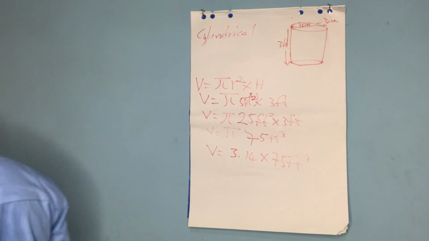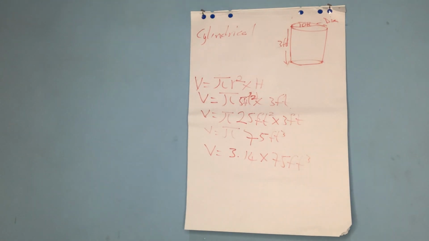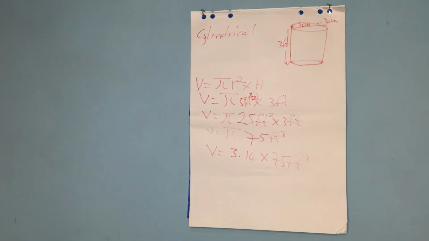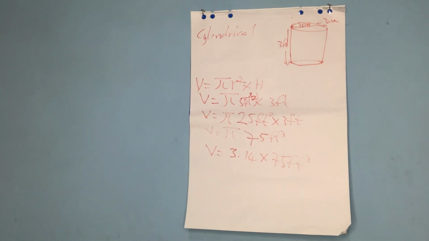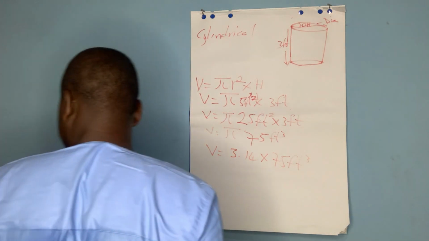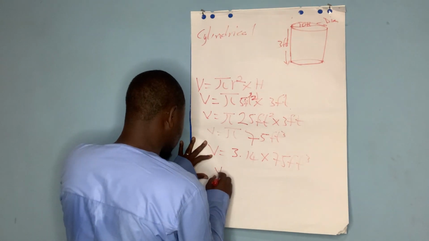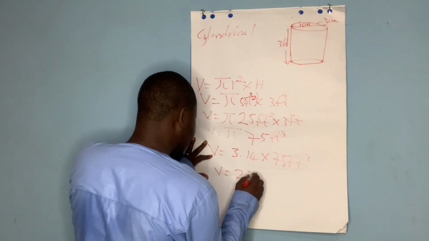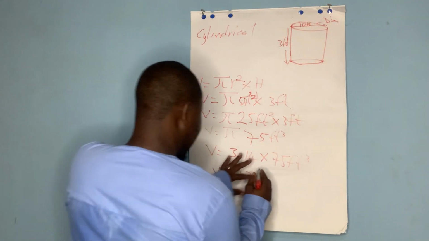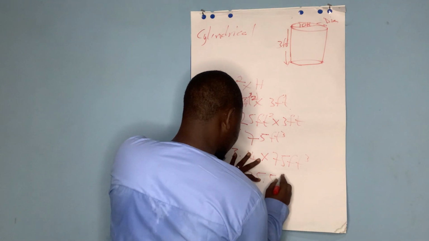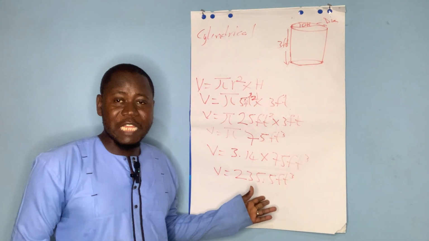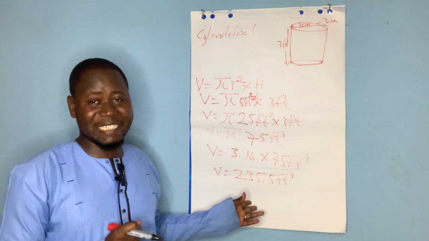So 75 times 3.14, which gives us 235.5. So volume is equal to 235.5 cube. That's it. Now we need it in liters.